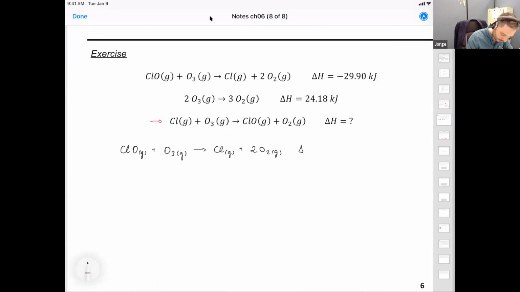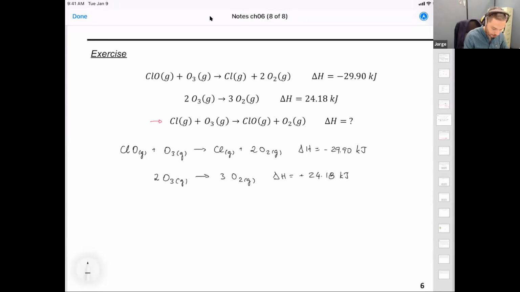So we know that the delta H for this first reaction is minus 29.9 kilojoules. And we also know the delta H for the second step, ozone producing oxygen gas. And here the delta H is plus 24.18 kilojoules.